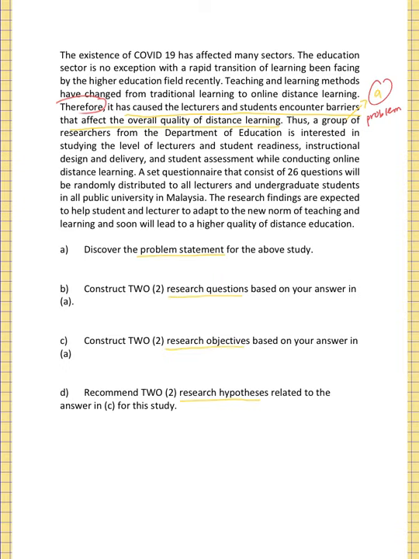So for the research question, it must be a question. So what do we look at here? They are interested in studying the level of lecturers and student readiness, instructional design and delivery, and student assessment while conducting ODL.